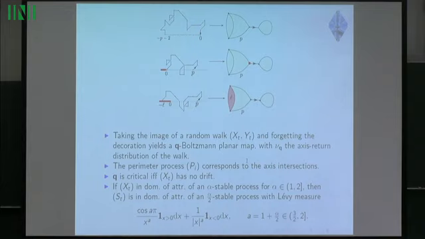Now if you recall from Gregory's talk, this was true quite generally for Boltzmann planar maps. However, the exponents that I get correspond to what he called A between 3½ and 2, while the full range of universality classes of Boltzmann planar maps is between 3½ and 5½, with 5½ being the Brownian map universality class.